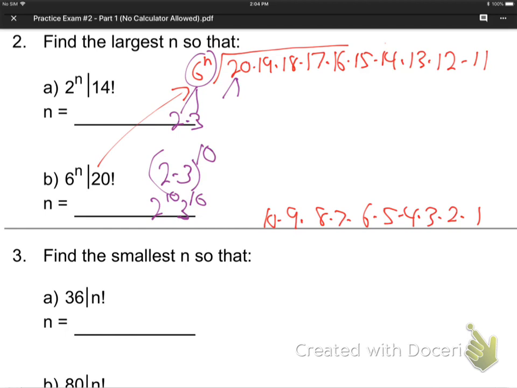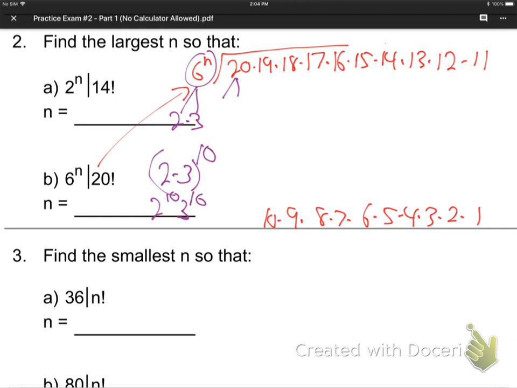Whenever one thing goes into another, the primes on the left are found on the right. It's as simple as that. Does 20 on down to 1, if you break all those numbers down, have 10 2s and 10 3s? I don't know. I can break them all down and see. That would tell me whether 6, which is 2 times 3, to the 10th goes into 20 factorial.